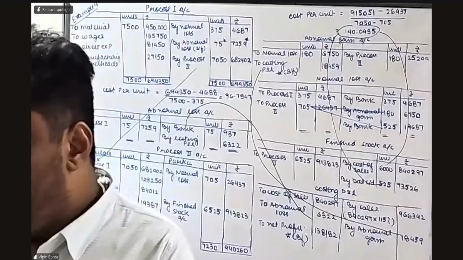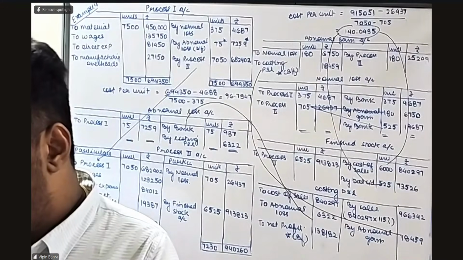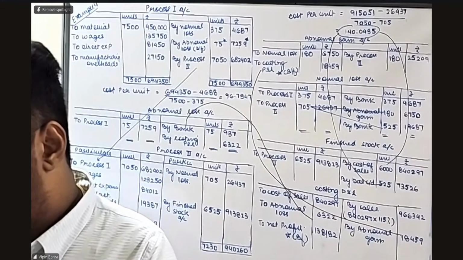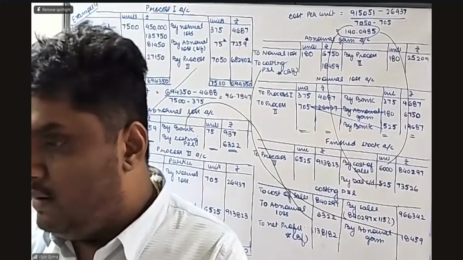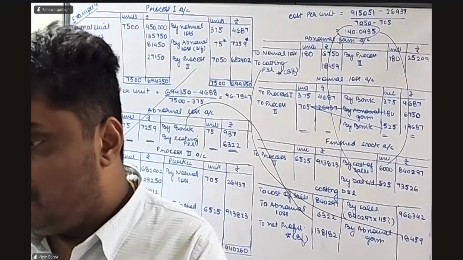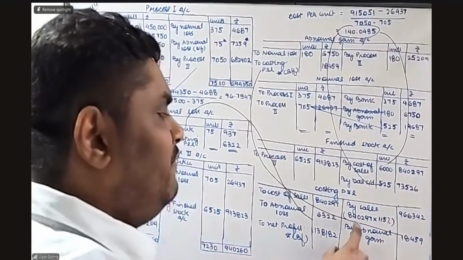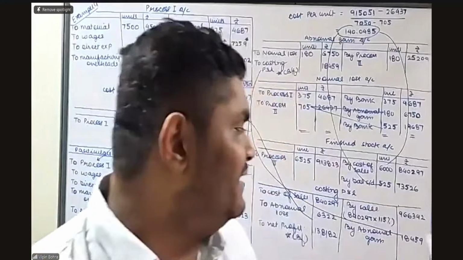I think it is clear now, Noshin. It's just the reverse entry. You can add, see, 840297 plus 15%, you will get the same figure here.